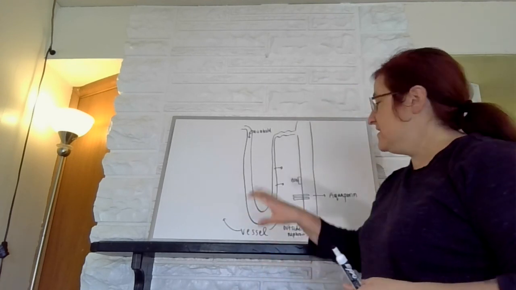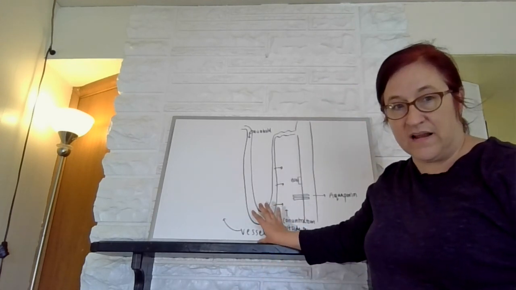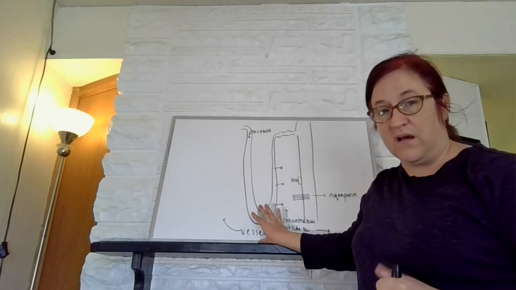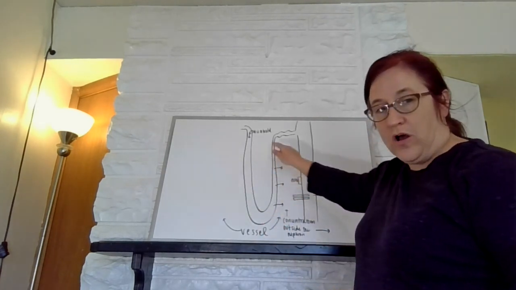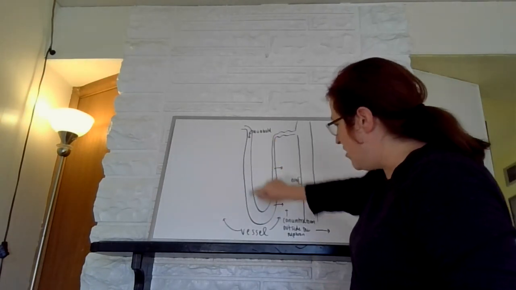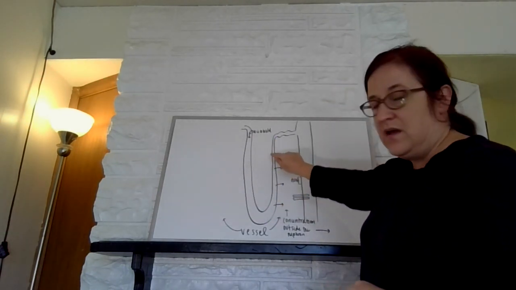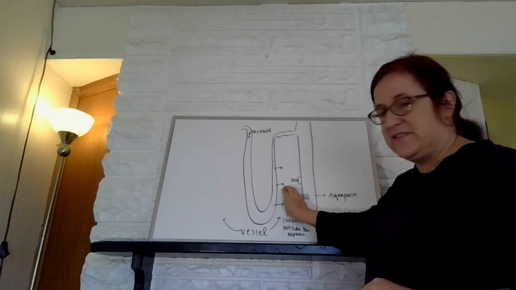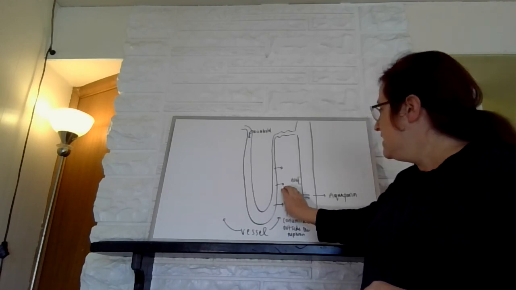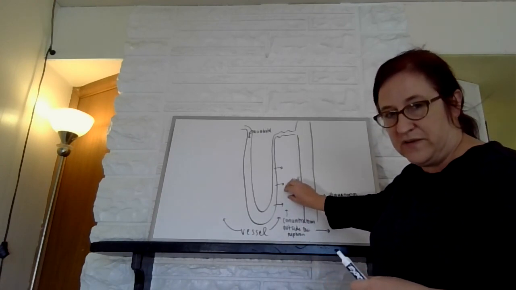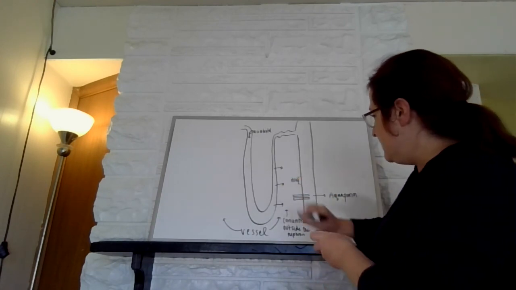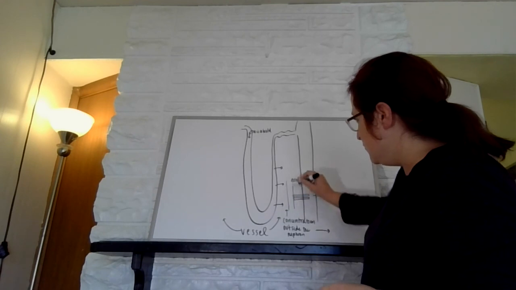So these are the loops of Henle that are in the medulla of the body of the kidney. They have those very long loops, and they have this long hairpin turn, which creates this interstitial environment between this interstitial fluid here and the blood vessel that's also running through in between.